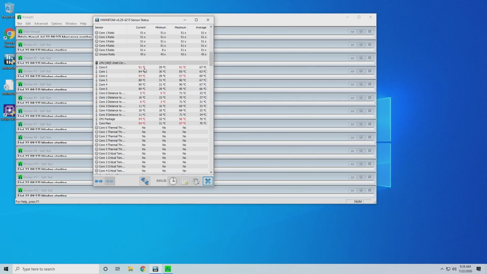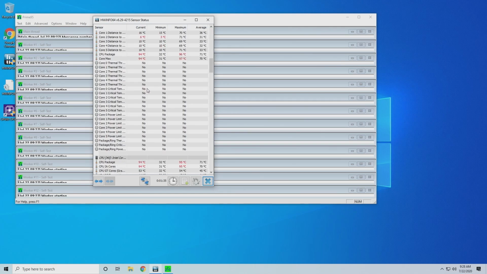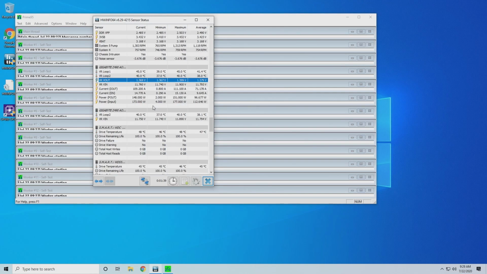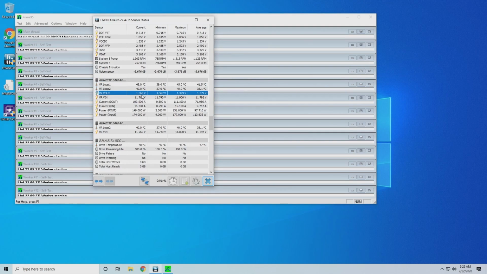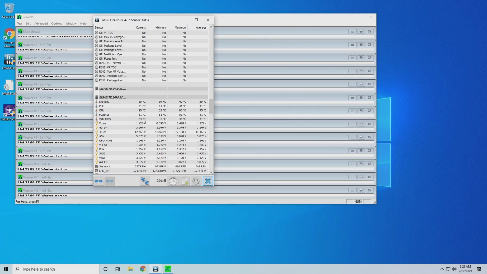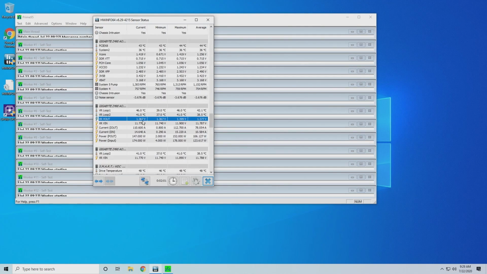Its default is 105. We can lower it to 95, and then the CPU will downclock automatically when it hits that temperature. But hopefully it'll be stable at this voltage. VRM's nice and cold, 43.